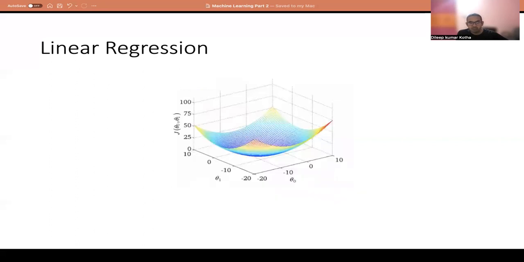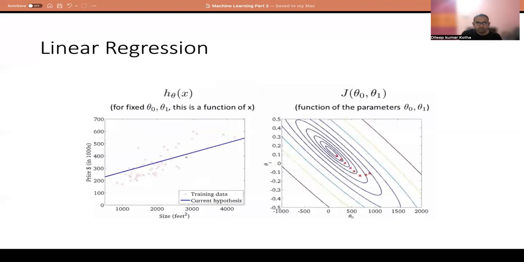Say both theta 0 and theta 1 are varying. In that case, we have to represent it in a three-dimensional way, where the height of this plot we have to minimize. You can see there will be a bottom for this that will determine the lowest value for J of theta 0, theta 1, which is the cost function. The parameters theta 0, theta 1 present there will give us the minimum cost function, and those we can fit into our hypothesis function.